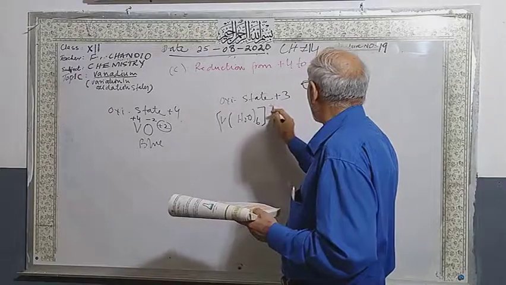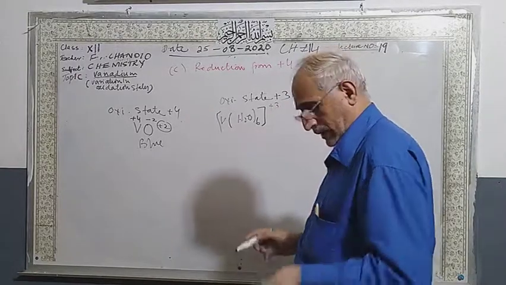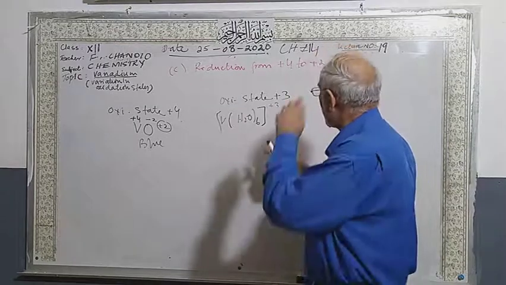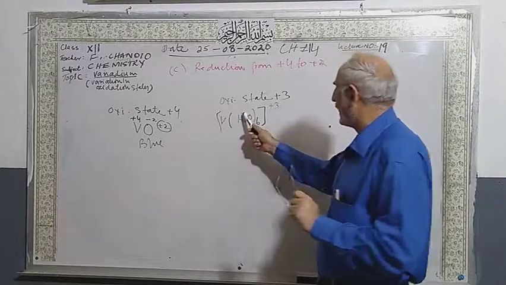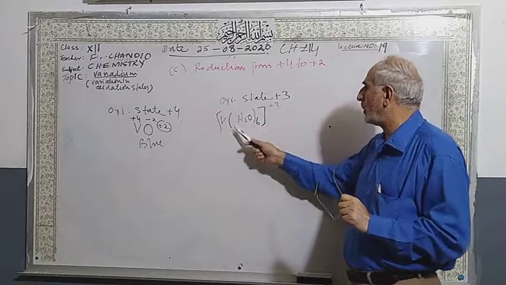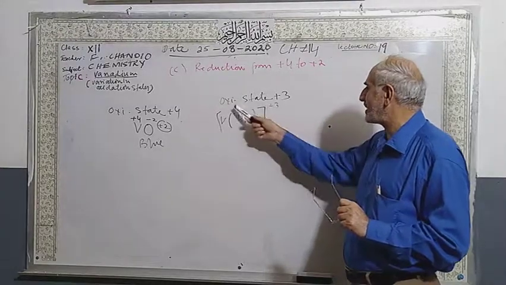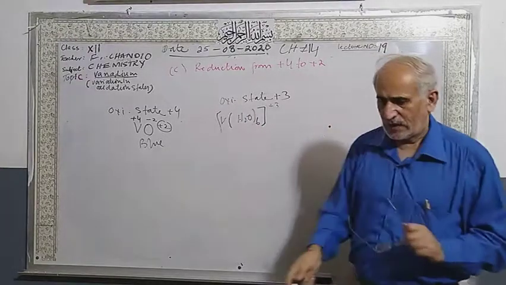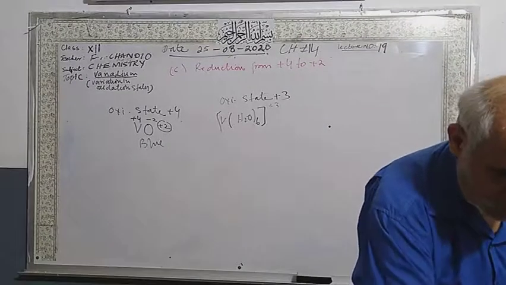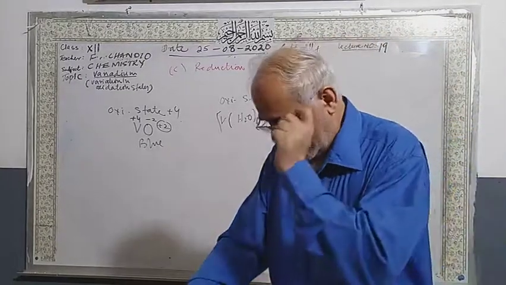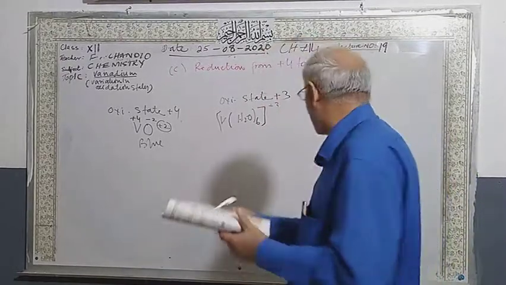The oxidation state is positive 3. Because water is neutral and has no oxidation state, this positive 3 is only for the vanadium. So this shows vanadium in the positive 3 oxidation state. This is the intermediate state given here.